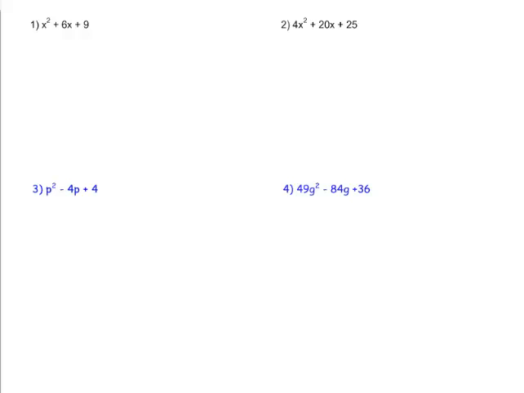Alright, so let's look at these. Up here at the top, I can check the first and the last terms. Again, we want to make sure that's what we're doing every time. The first is x squared, which is a perfect square, and the last is 9, which is a perfect square. So I'm going to try this factoring.